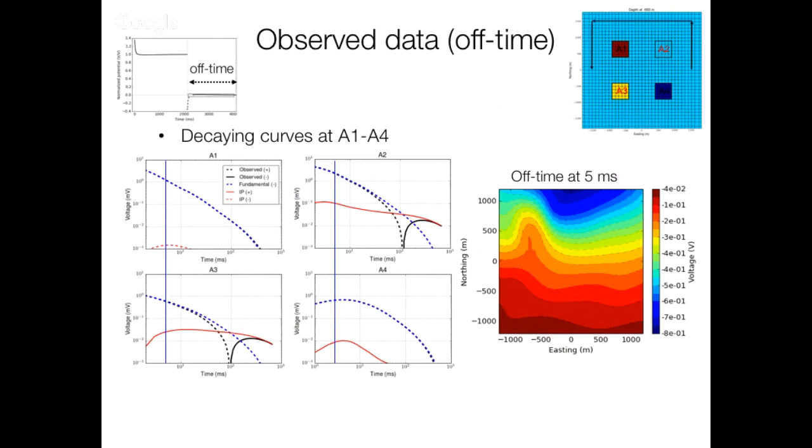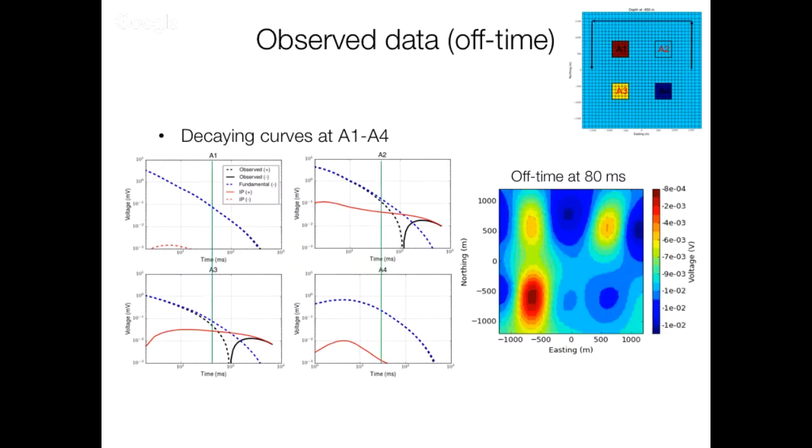At early time, at 5 milliseconds, that's this vertical line here. And you can see that for each of these different blocks, the IP signal is just well below. So we're in that really early time where we're just dominated by the EM induction.